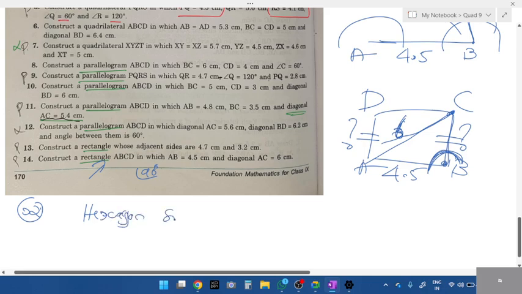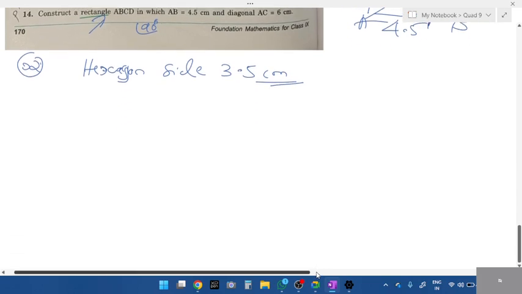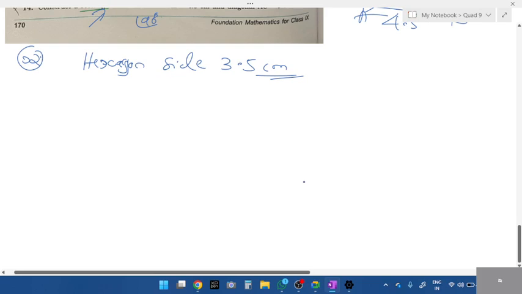Hexagon of side. Okay, this is the toughest one. Not the toughest one. Hexagon. Let me see that hexagon.